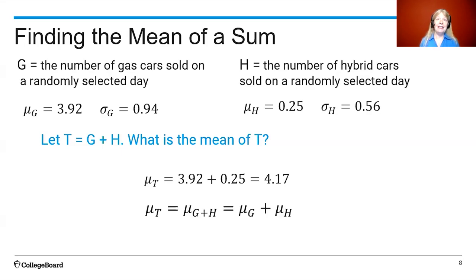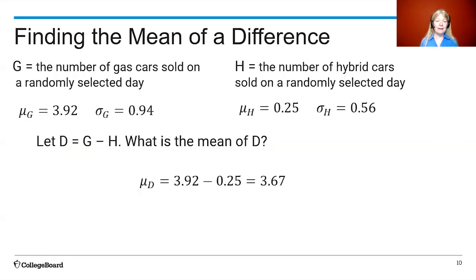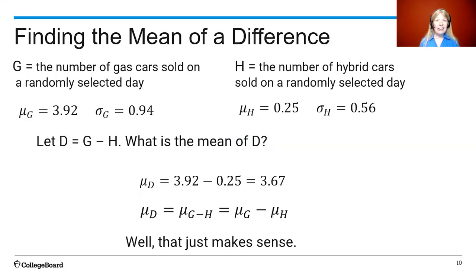So the formula is as simple as adding the two means. That just makes sense. How would we find the difference of sales from the gas cars and the hybrid cars? Well, subtract the two means. That also just makes sense.